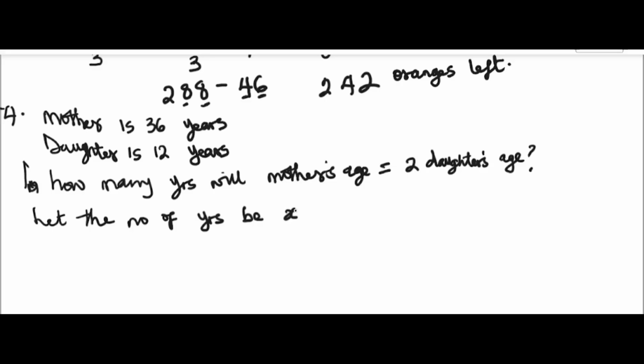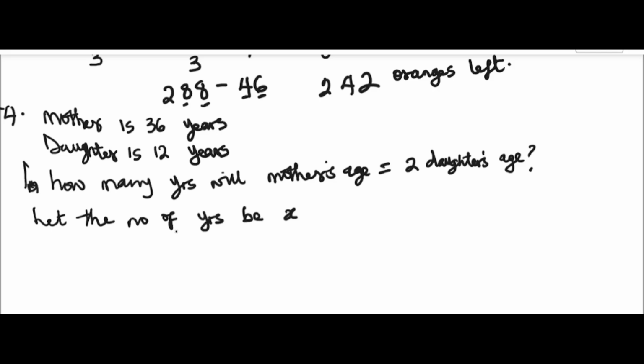So now, in how many years? Of course, it is not this year. It's not now. Why is it not now? Because currently, the mother is 36, the daughter is 12, right? So if you double the daughter's age, it will be 24, which is not the mother's age currently. Are you getting me now? So it is definitely not this year.